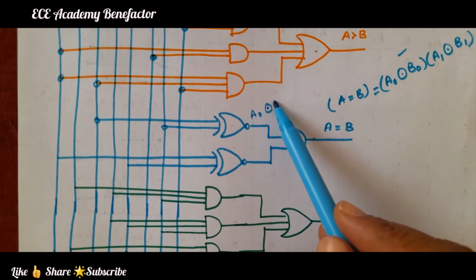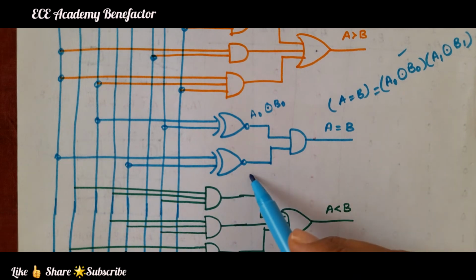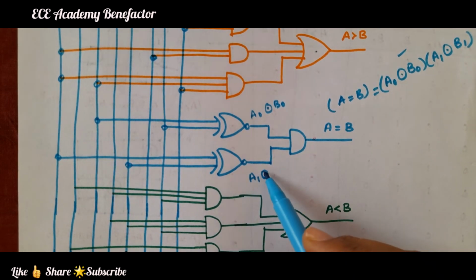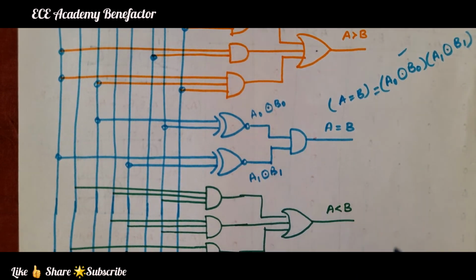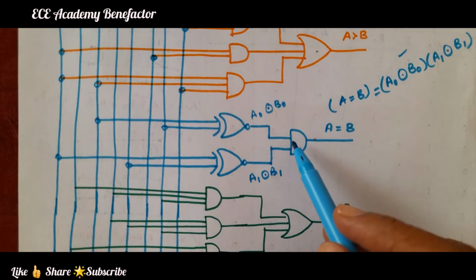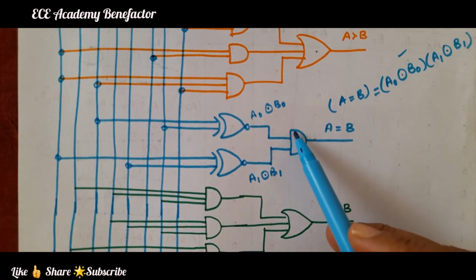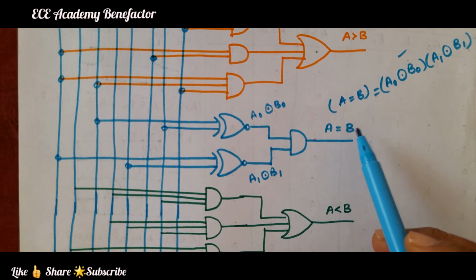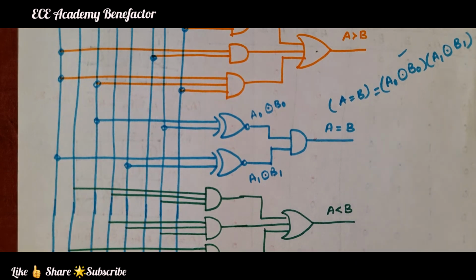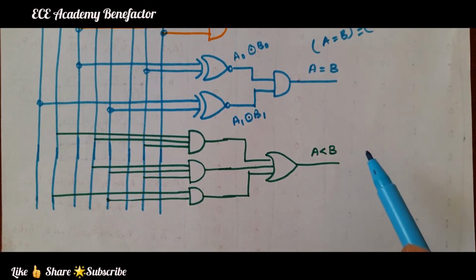A0 XNOR B0. Here A1 and B1 are given to an XNOR gate to get the expression A1 XNOR B1. These two are ANDed, the dot is there, so they are given to an AND gate to get A equal to B.